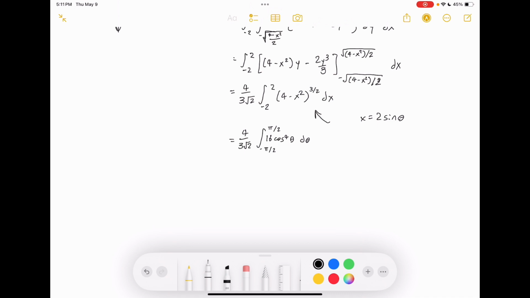Right, okay, we're going to take out our main thing, our 16, and we also know for a fact what cosine essentially looks like. If you look at that interval, it's the same thing as saying 2 times, it's just double. Here, I'll show you what I mean. So if we take out the 16, we're going to get 64 over 3 rad 2 times that integral.